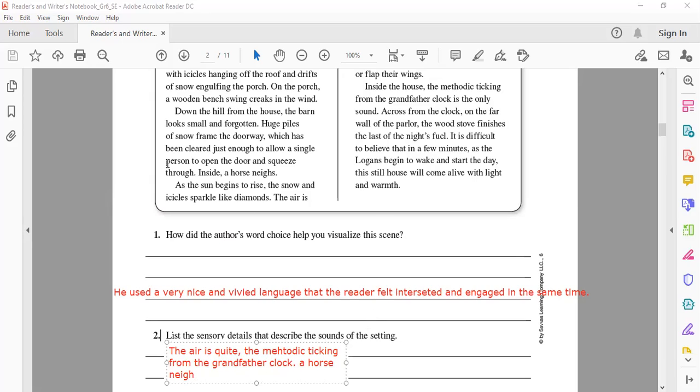Is there anything else? What do you think? Creaks in the wind. Here, when he said on the porch, a wooden bench swing creaks in the wind, this is another sound. You see how he used things to let you know how's the sound of the things, how's the view of them, not only the touch and the feel, but also the sounds, creaks of the wind.